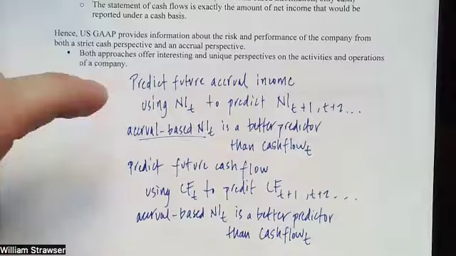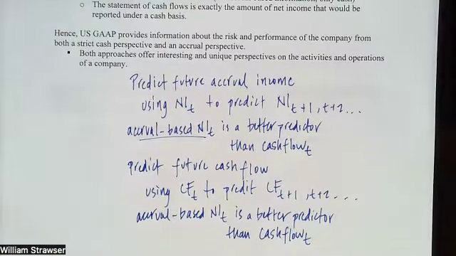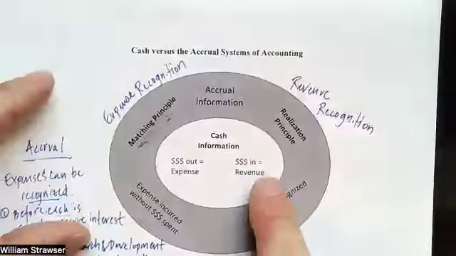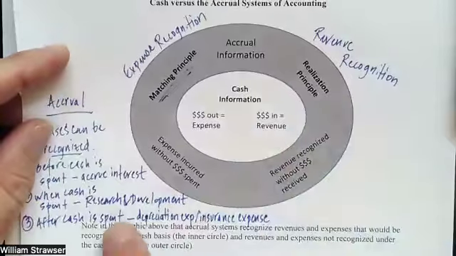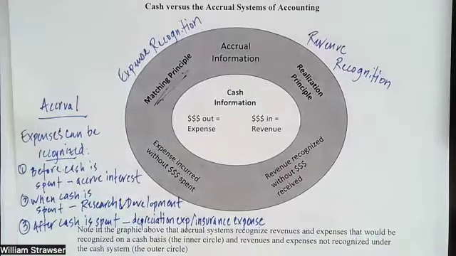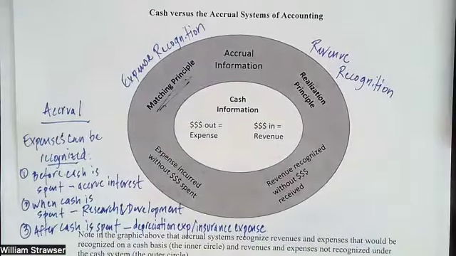And for this reason, because financial statement users are interested in using present day information to extrapolate and predict the future, we use the accrual based system. We don't miss out on any of this cash information because there are situations when it's warranted that we recognize under an accrual system an expense when cash is spent or a revenue when cash is received.